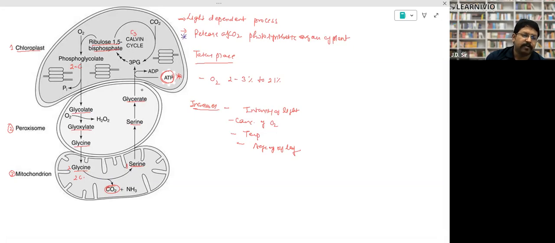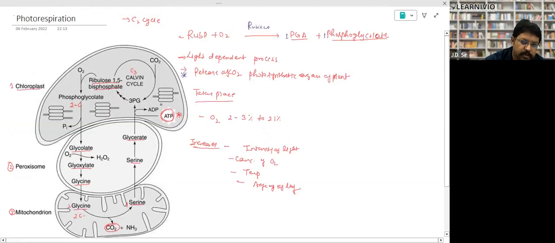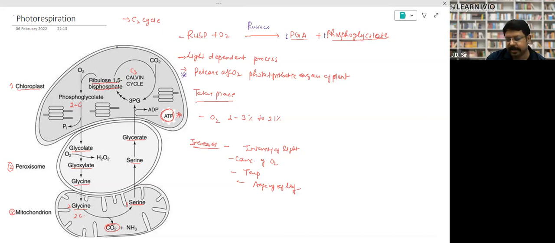This glycerate will go and again join the Calvin cycle. Here the ATP loss is taking place, right? Here the loss of energy also takes place, and the loss of photosynthesis also takes place. The process is called photorespiration. Photorespiration is a loss which takes place in C3 plants; here the productivity of the plant decreases, meaning the plant will make less food by photosynthesis.